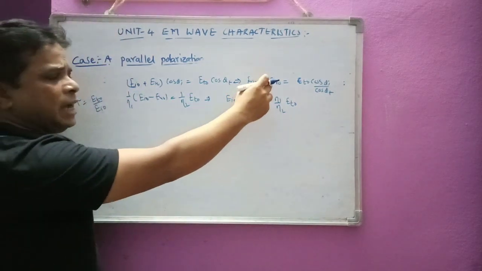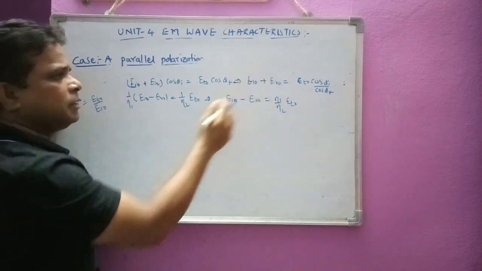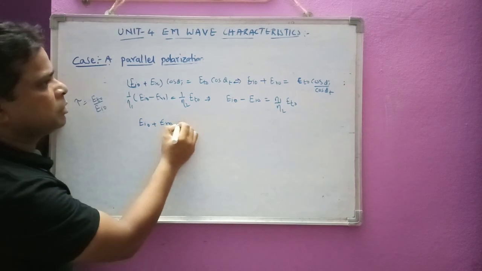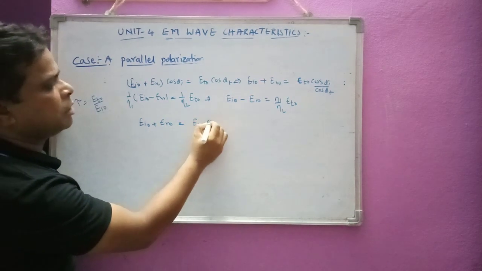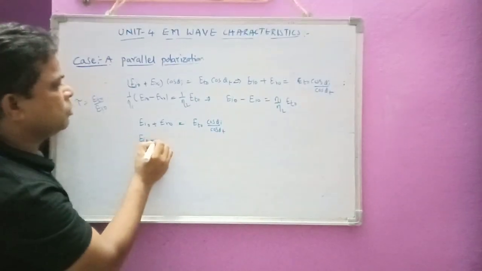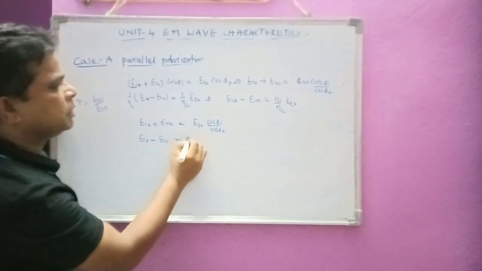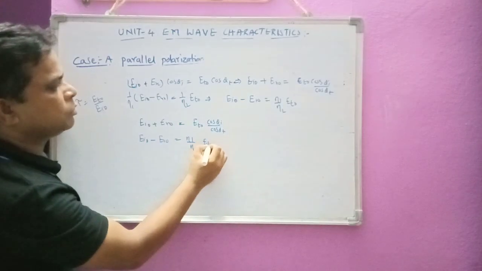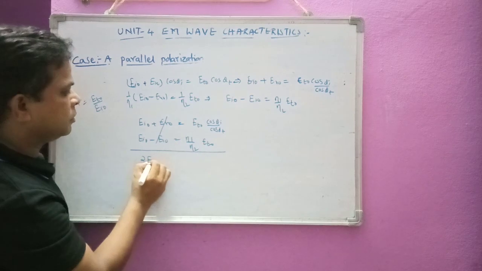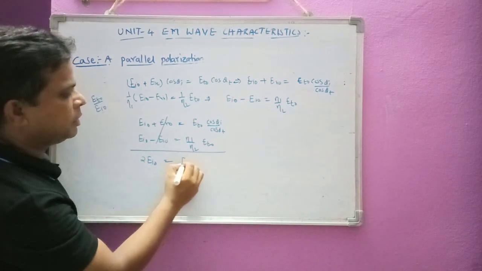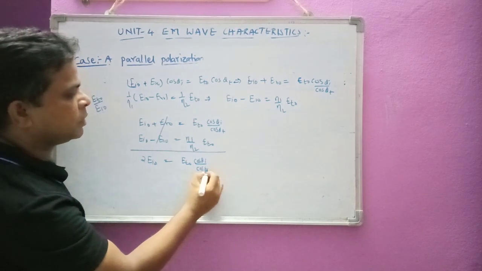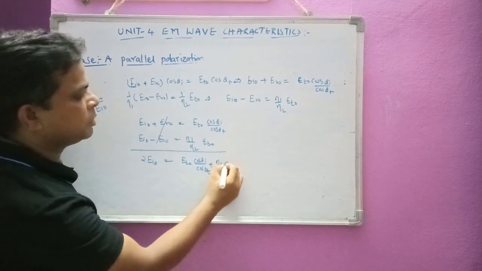I can free this equation of ER0 by adding. Adding these two equations, with EI0 plus ER0 equal to ET0 cos theta I by cos theta t, and EI0 minus ER0 equal to eta 1 by eta 2 ET0, it will be 2 EI0 equal to ET0 cos theta I by cos theta t plus eta 1 by eta 2 ET0.